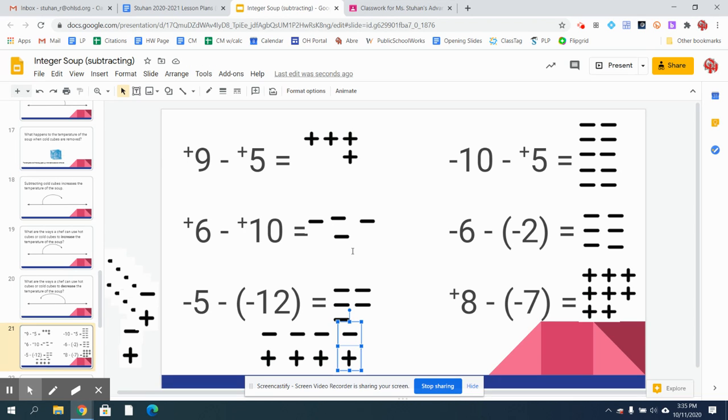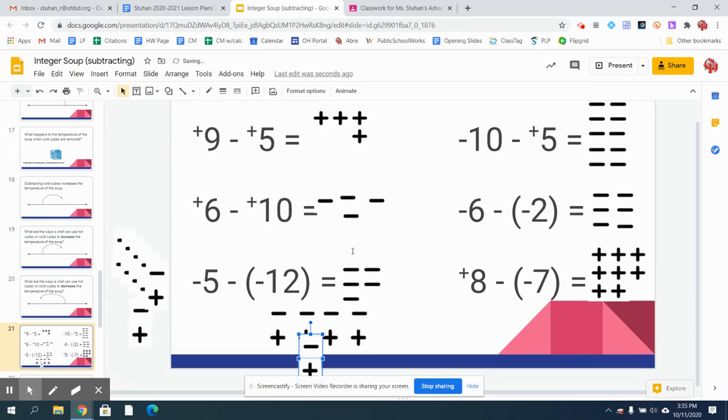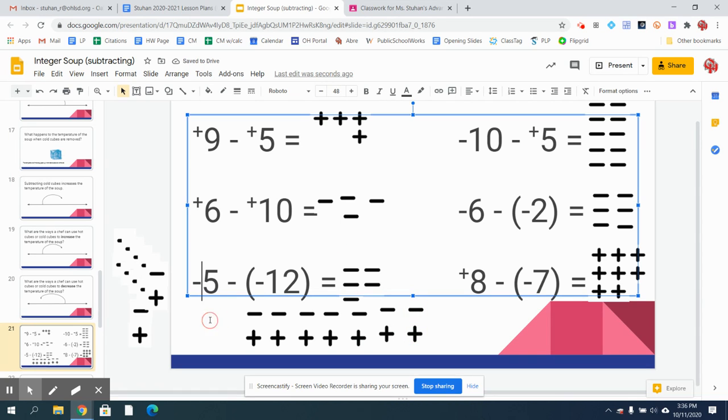So we got to add another couple sets of zero pairs until we get 12 negatives that we can subtract. So we're going to have to do this 1 more, 2 more times. And now we have 12 cold cubes or 12 negatives to subtract.